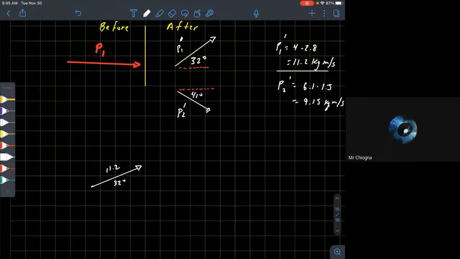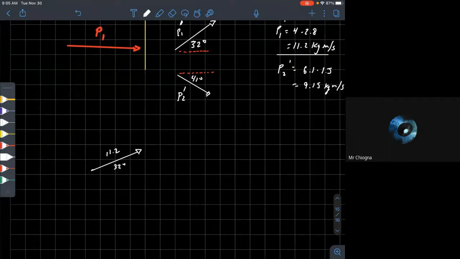What about my P2 prime? My P2 prime is here. It's going to look something like that. I'm going to erase it in a second and just put in the number. That'll help me out. So that is what I calculated here, 9.15.